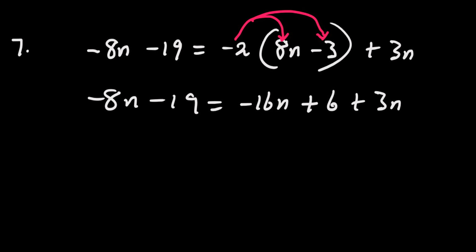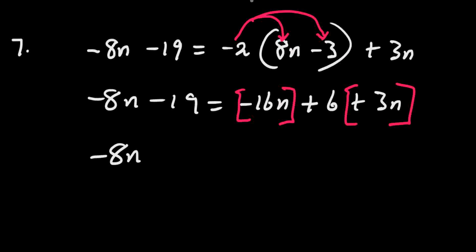So now we can combine like terms. We have negative 16n, and we also have positive 3n. If you combine both of them, negative 8n minus 19 equals negative 16n plus 3n will give us negative 13n, plus 6.